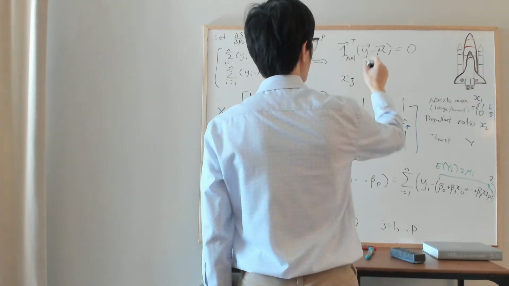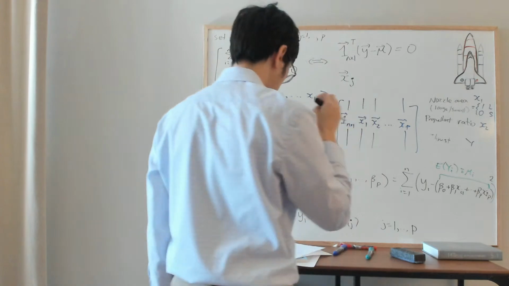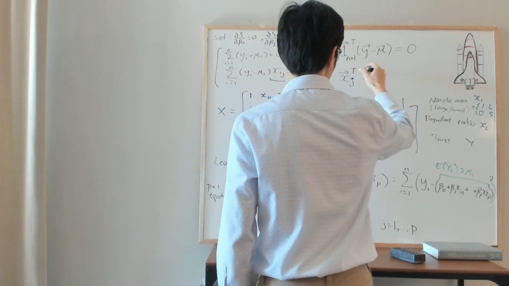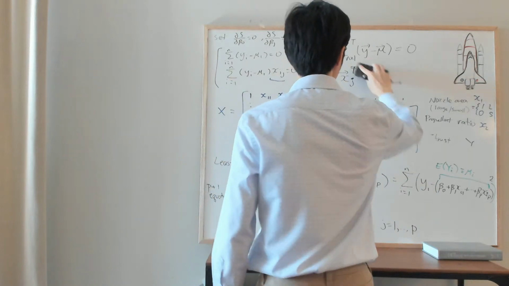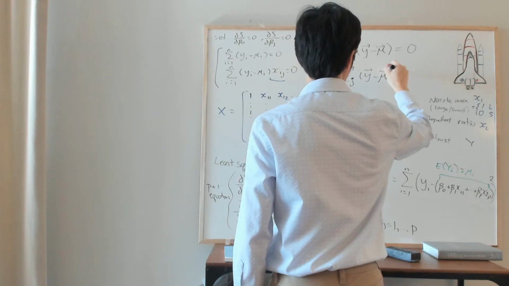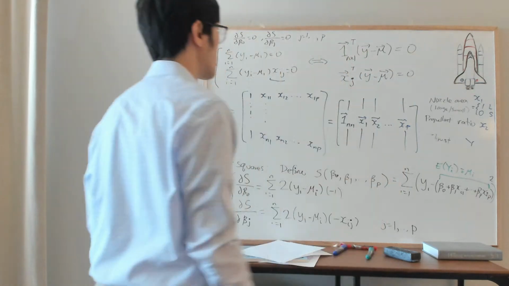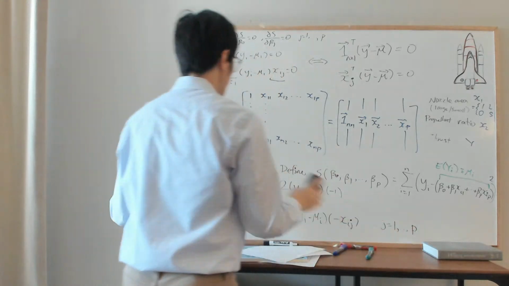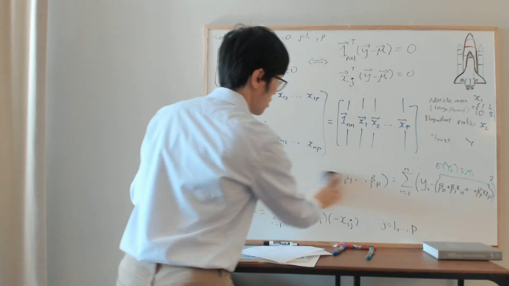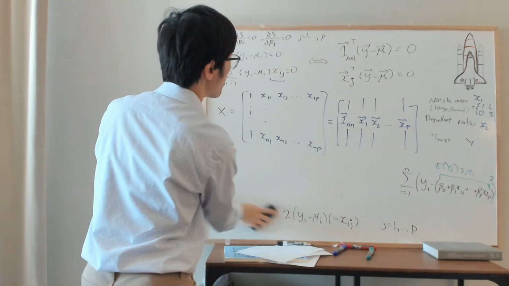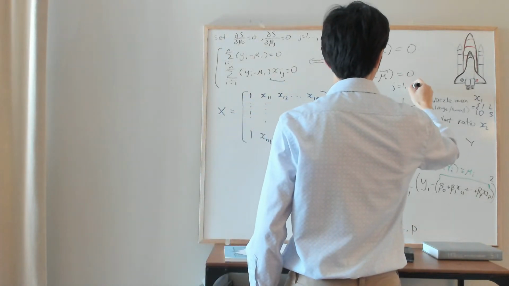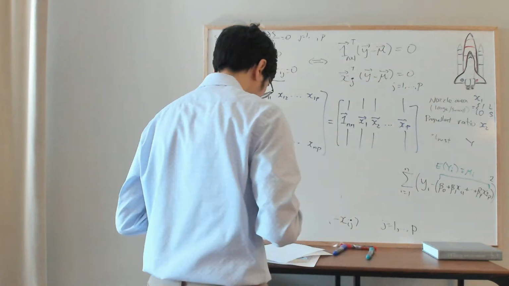This is in column form, so transpose first, and then multiply by y minus mu. So we have this equation for j from 1 to p.